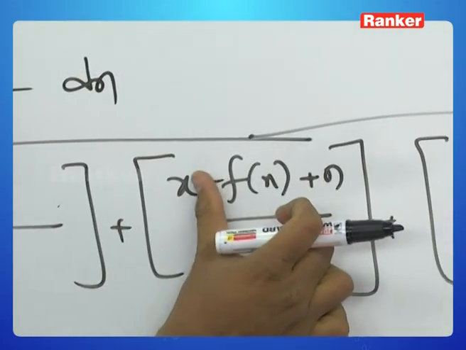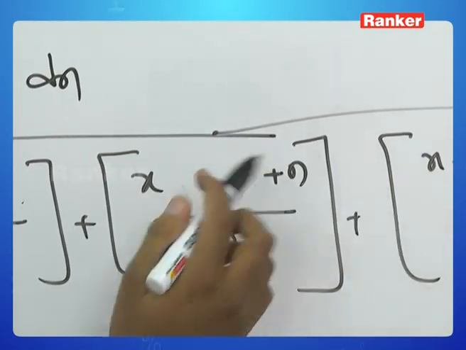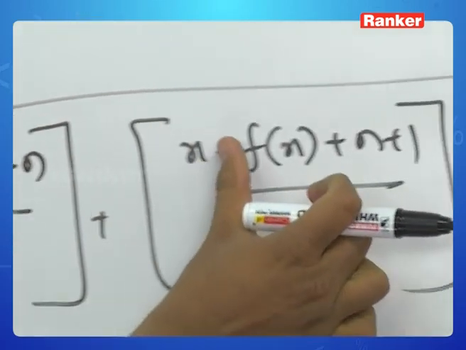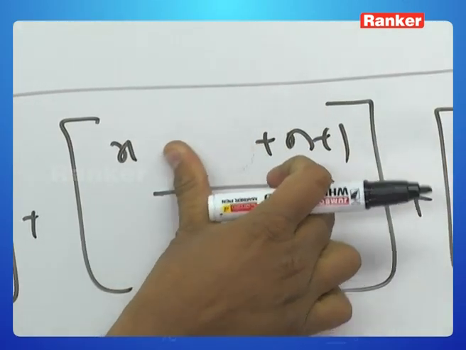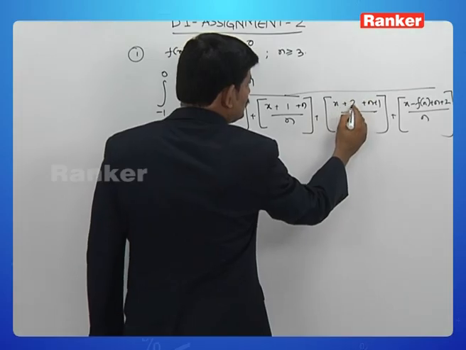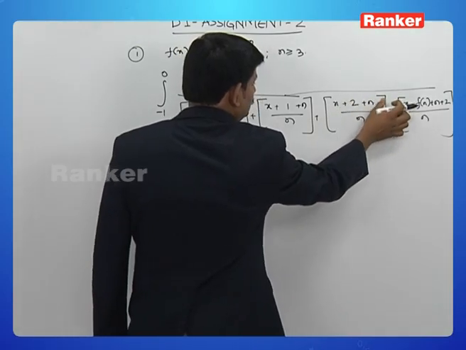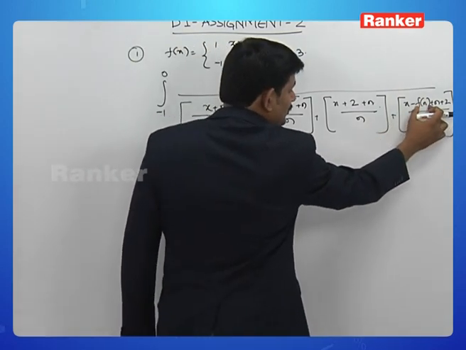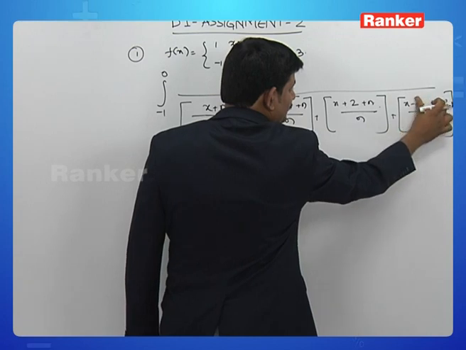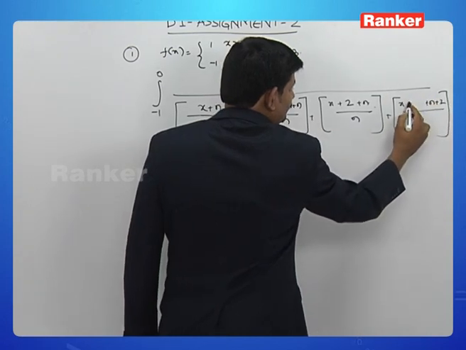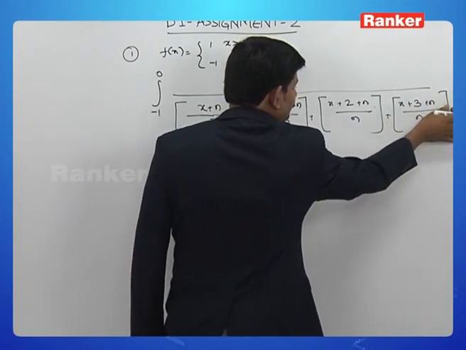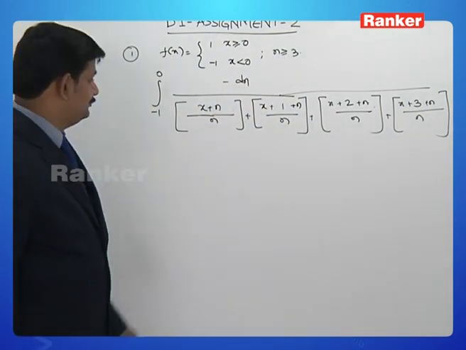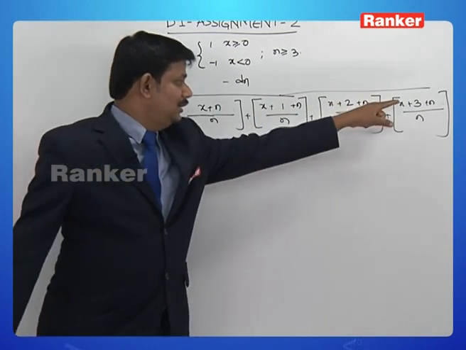F of x is minus 1, so minus f of x is plus 1. Plus 1 plus 1 is plus 2. Minus of minus 1 plus 2 is plus 3.